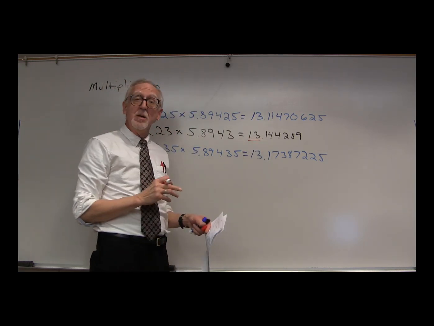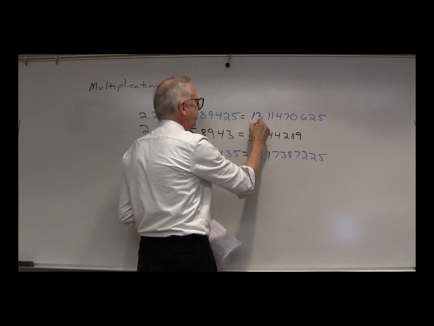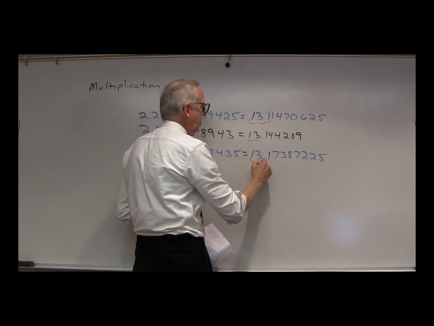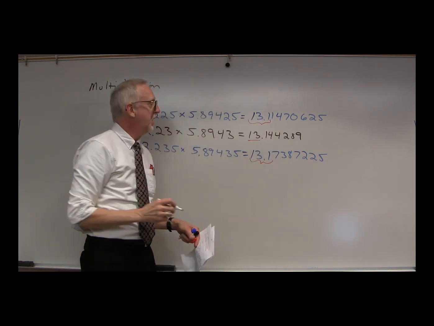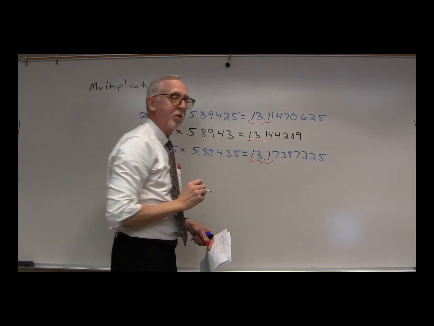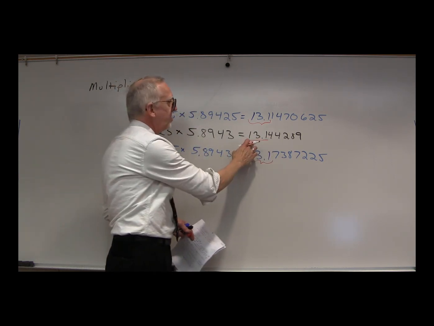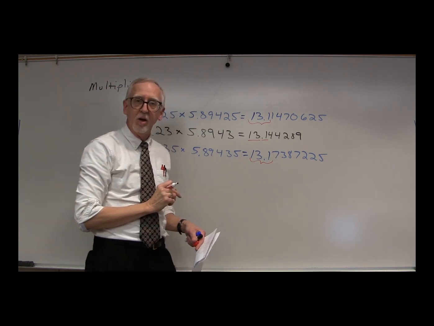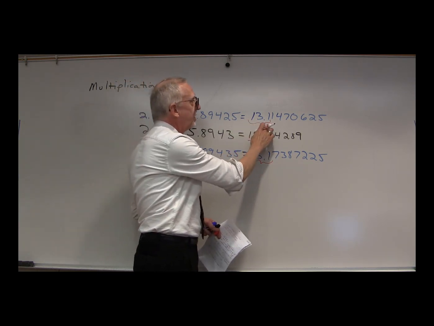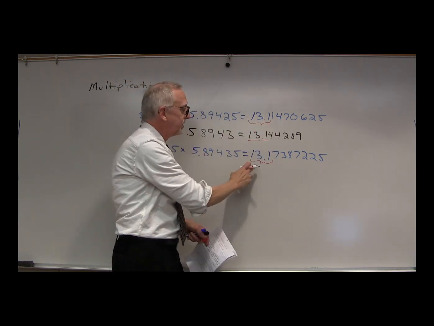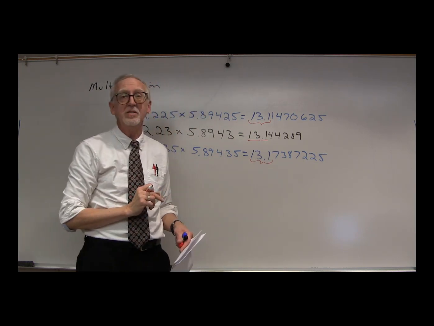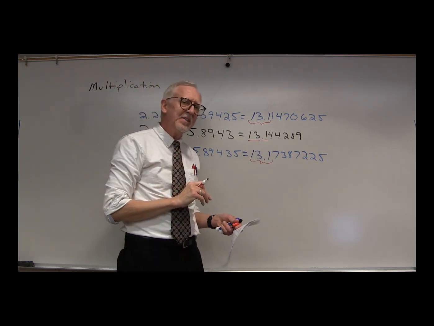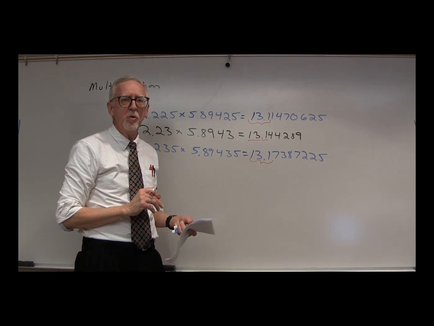Can we say 13.1? Well, yeah, this is as small as 13.1 or as big as 13.1, so yeah, it's fair to say 13.1. Can we say the value is 13.14? Well, the value could be as small as 13.11 or as large as 13.17. So can we really say the value is 13.14?